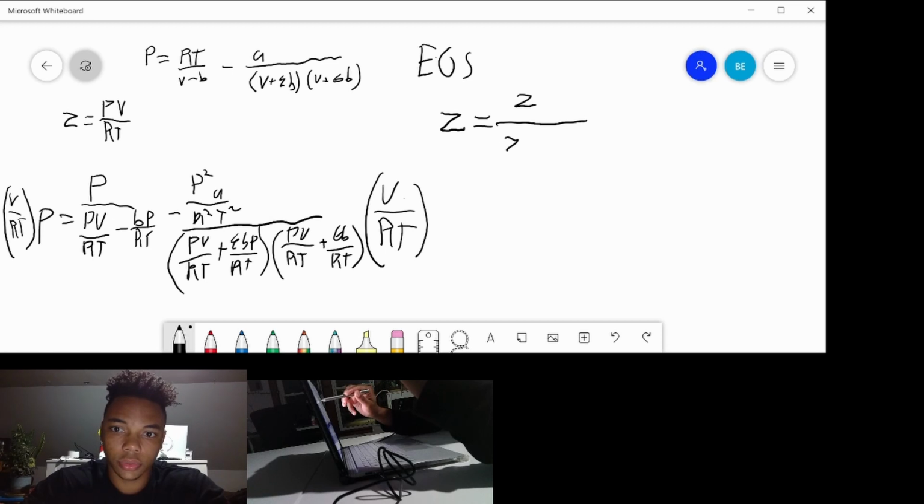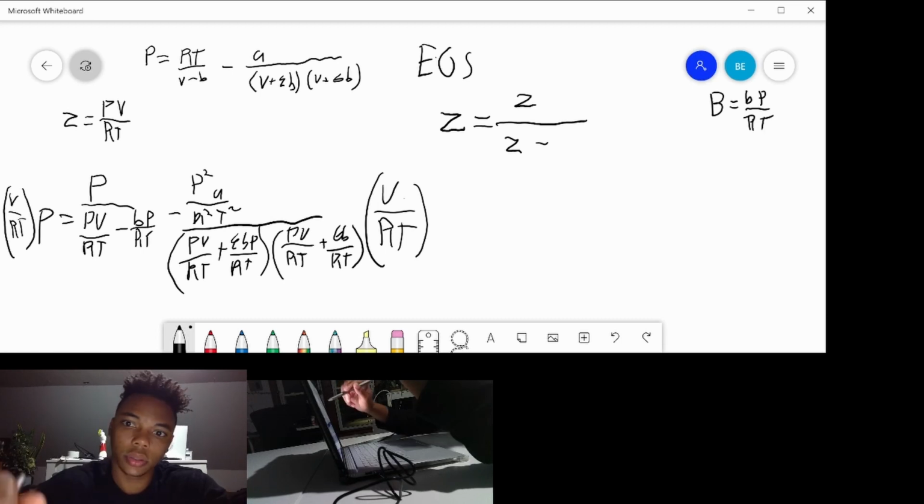So Z, and we're going to subtract from it, we're going to make b equal to our constant P over RT. So minus b.